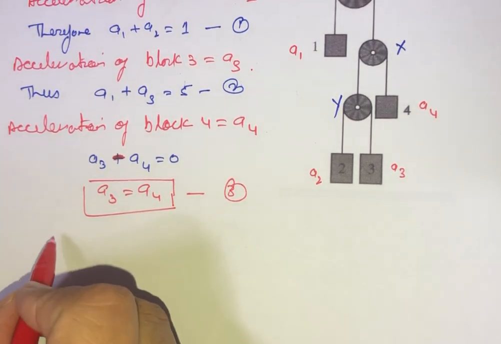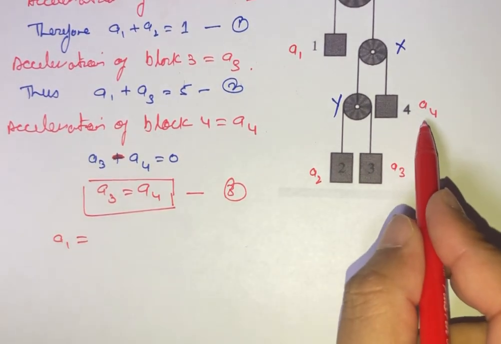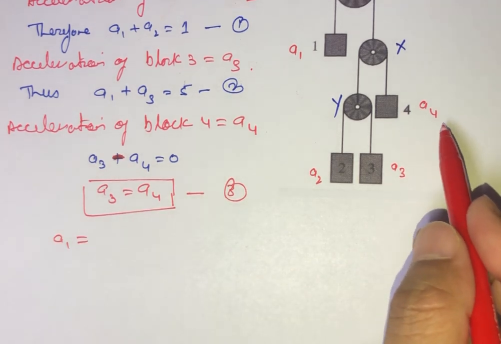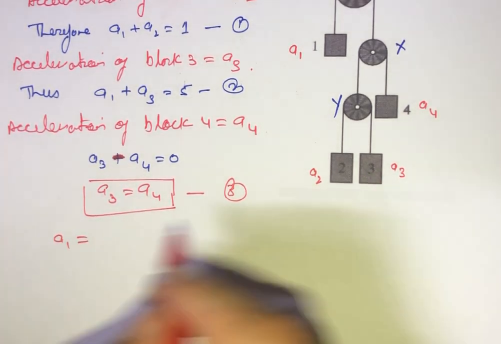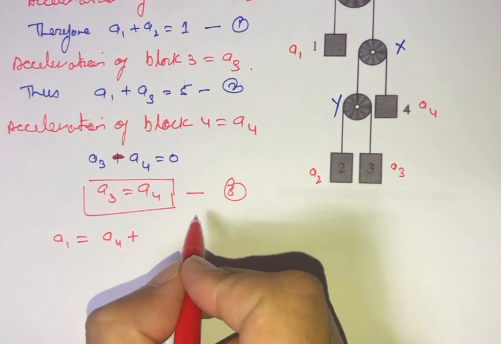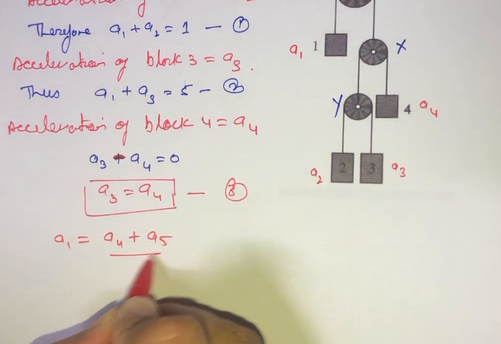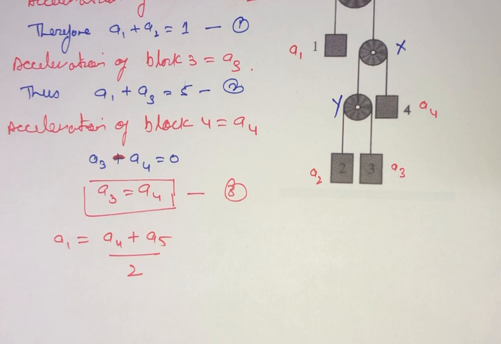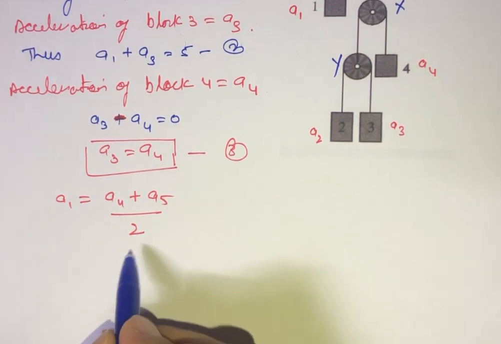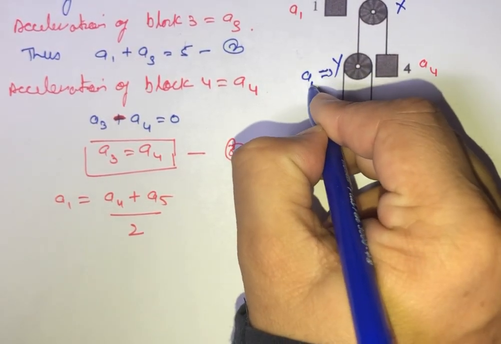So the relationship between acceleration of block 1, that is a1, will be equal to acceleration of block 4, that is a4, plus a5 divided by 2, and the second part we can write that a5 is the acceleration of pulley y.